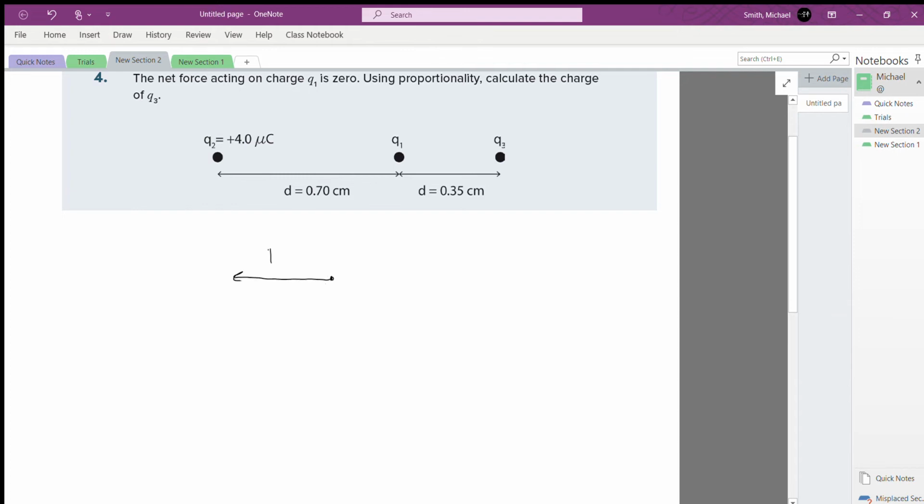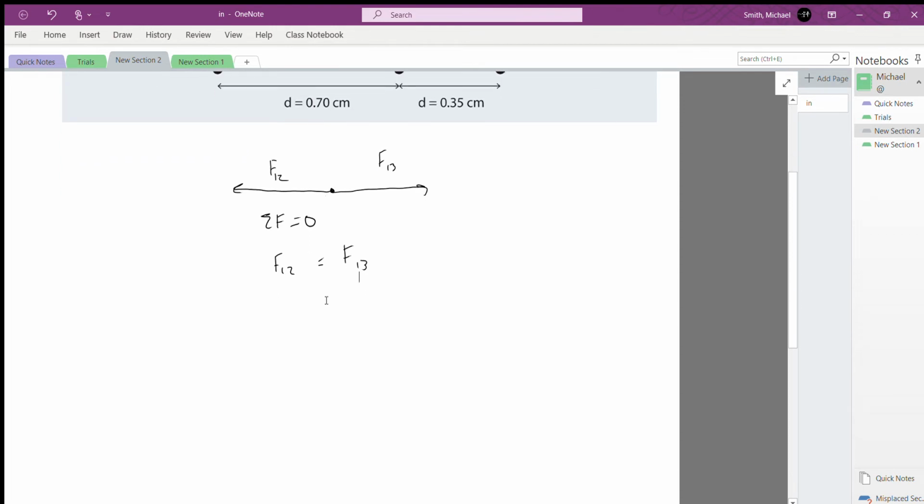So we have F12 like that, and therefore the force due to Q3 will be going in the other direction, and we know that the net force is 0. Therefore, since the net force is 0, the force due to Q2 has to be equal to the force due to Q3. So now we can just use Coulomb's law here.